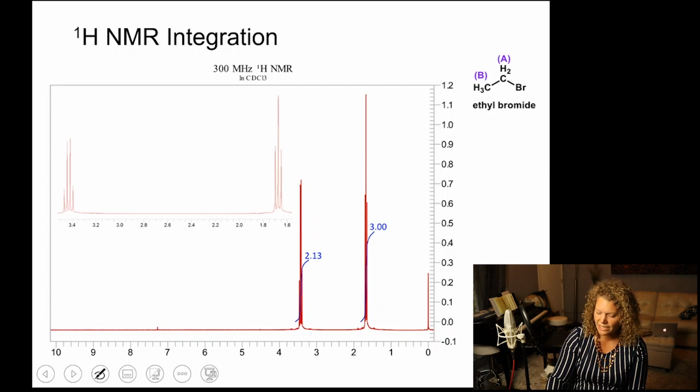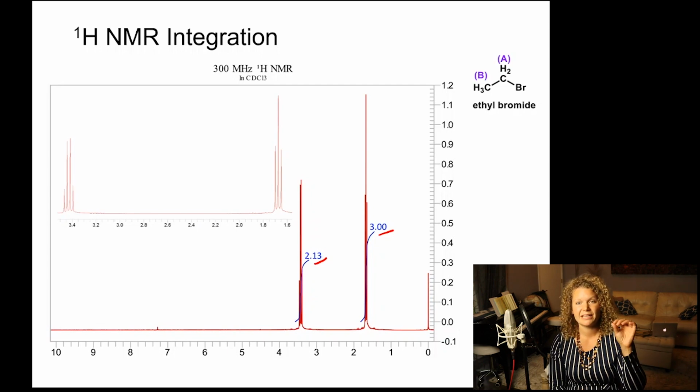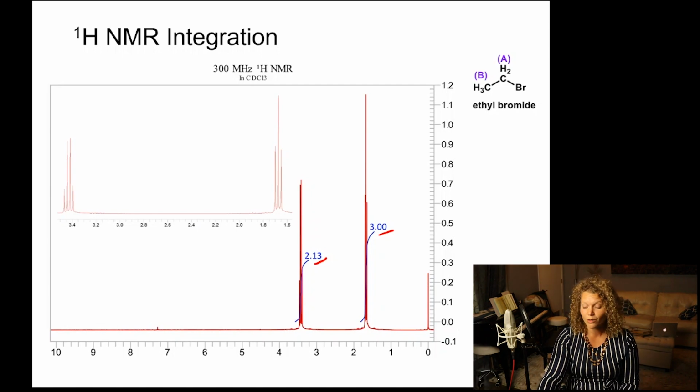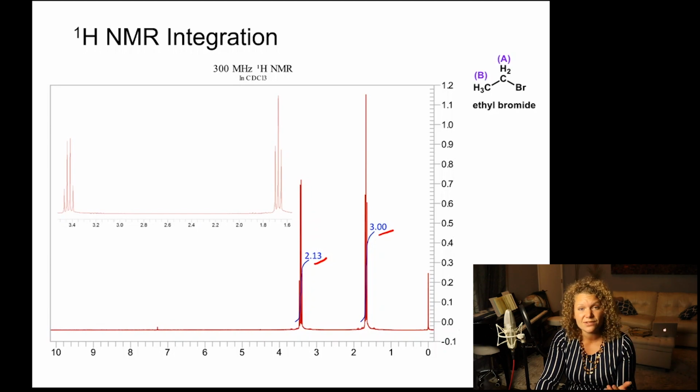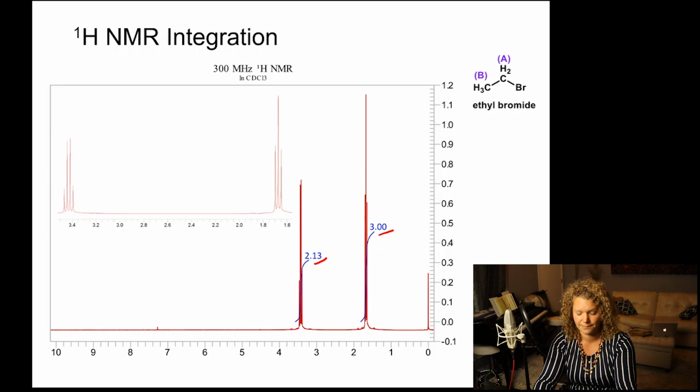Let's go back to our original example of ethyl bromide. In this case, we could easily tell which signal corresponded to which set of chemically inequivalent protons. So in this case, we had 2 protons to 3 protons for the ethyl bromide. We can also determine this based on what we just learned in our previous slide. Our protons for A, this CH2, are bound directly to a carbon that's bound to a bromine, which is an electronegative, electron withdrawing group, electronegative atom.